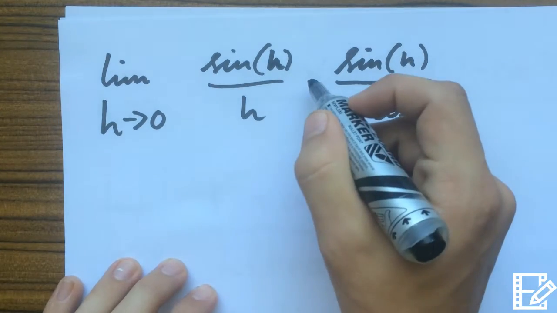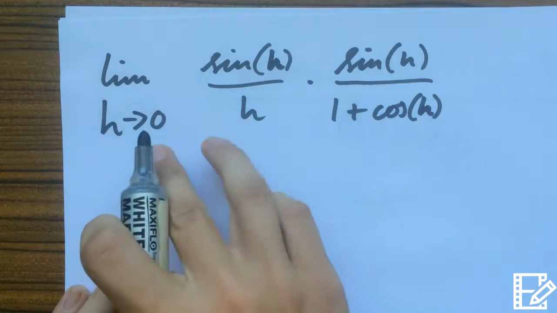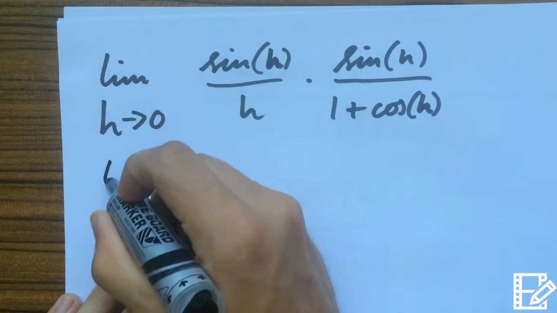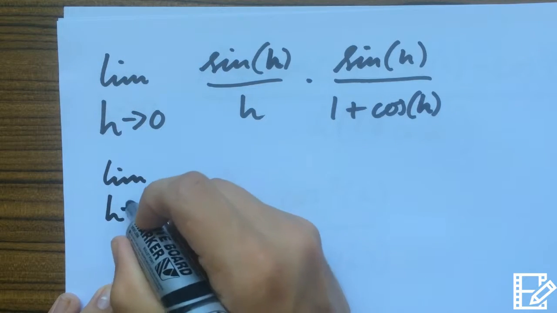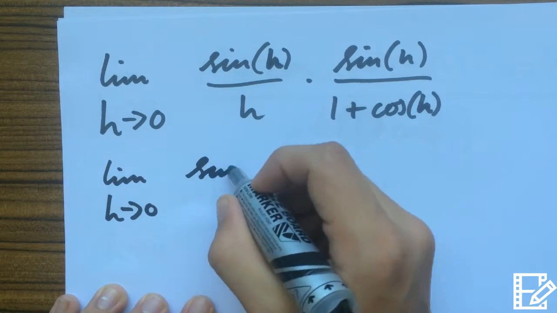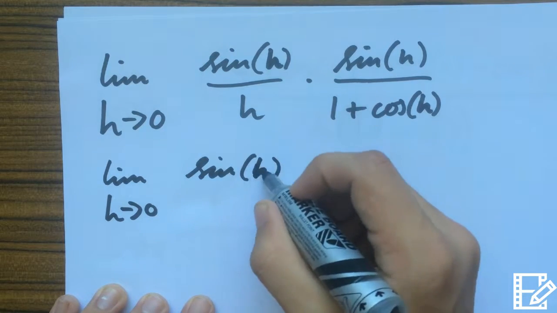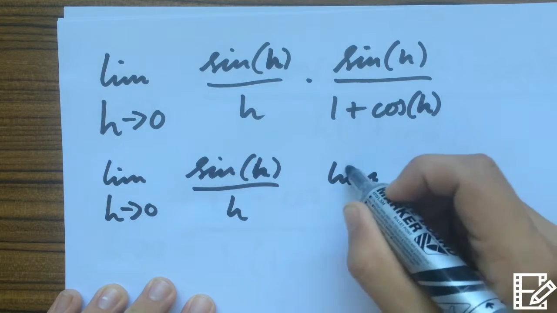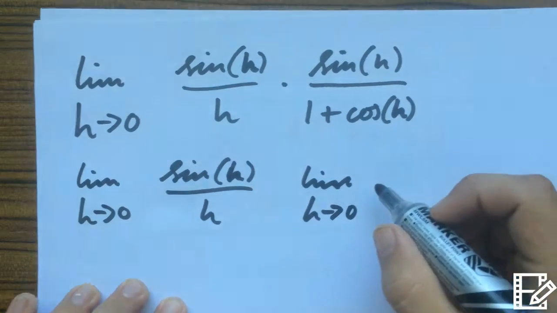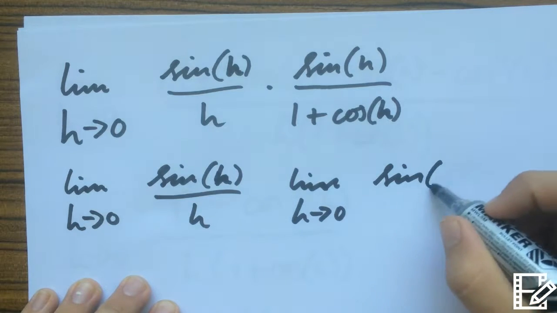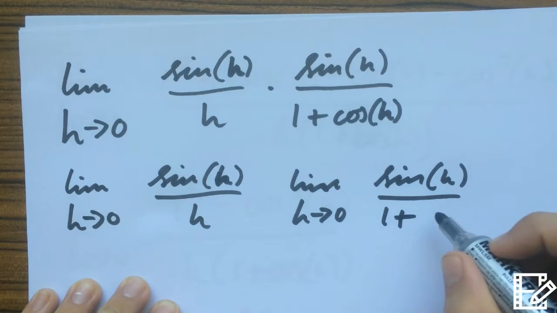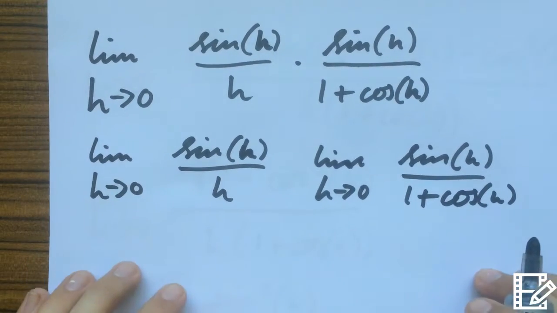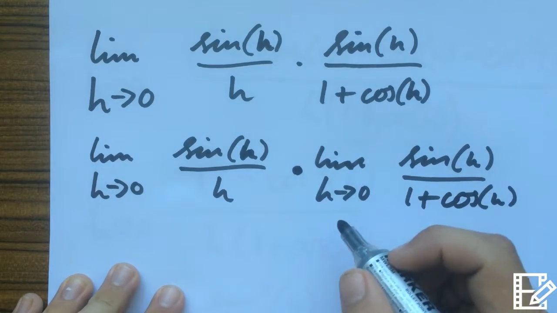Now, because there's a multiplication symbol in the middle, we'll find the limit of each separate side and have them multiplied together. So if I rewrite this as h approaches 0, we're finding the limit of each one separately, with a multiplication in the middle.